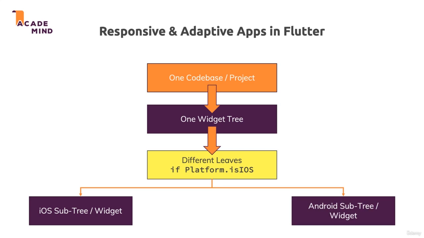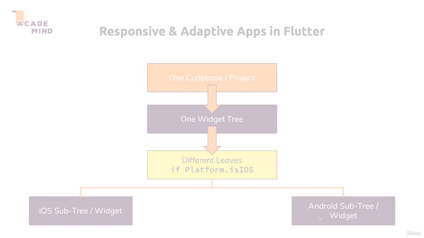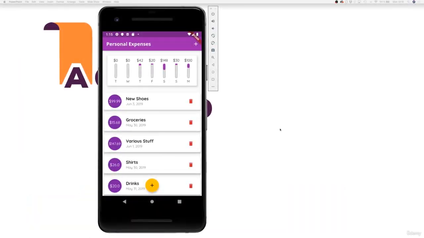And therefore we have one widget tree, but at certain points of that tree, we have an either-or decision where we render differently styled widgets or totally different widgets based on the size or on the platform. And that is what I will now show you throughout this module in different examples, where we will go back to our application here and start working on it so that we have a different look on iOS and also a different behavior based on the device size.